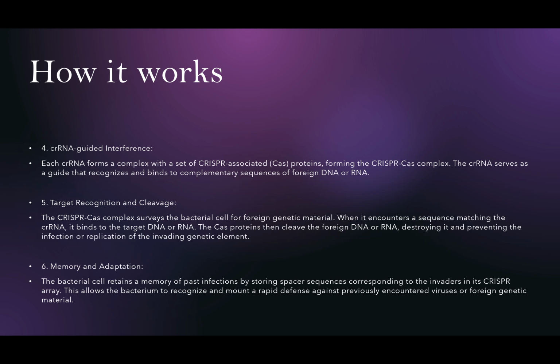And now what the complex will do is go around the cell surveying genetic material, reading through the DNA, scanning through all the genetic information. And if it senses any enemy RNA or foreign RNA or foreign DNA, it will destroy it.